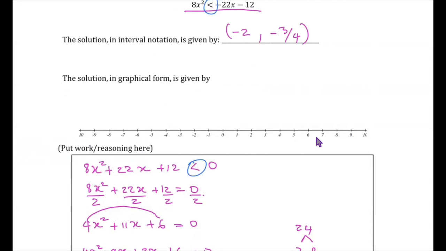And then on the number line, we can sketch the graph. It's from -2 with an open circle to -3/4. -3/4, which is 0.75, will be somewhere a quarter of the way from -1 to 0. Be around here.